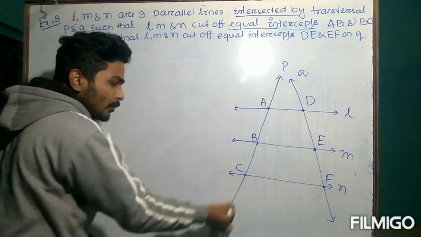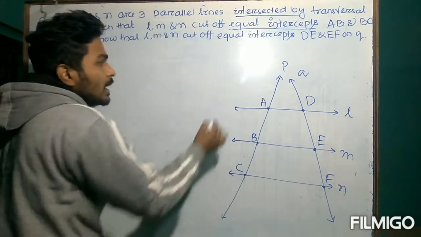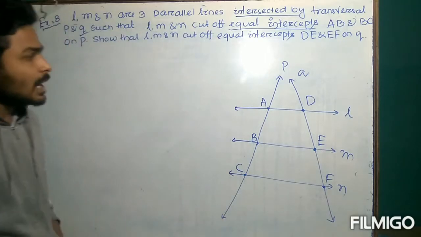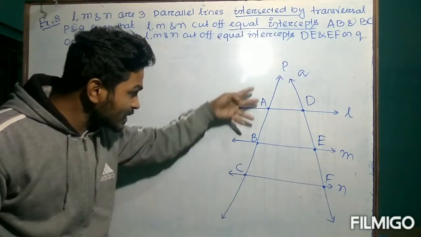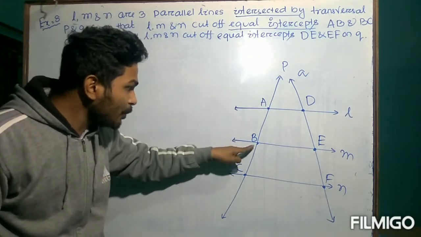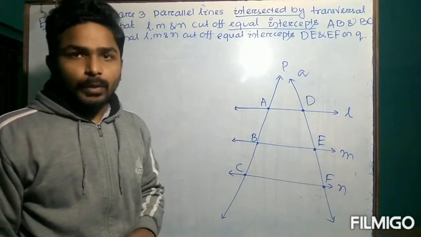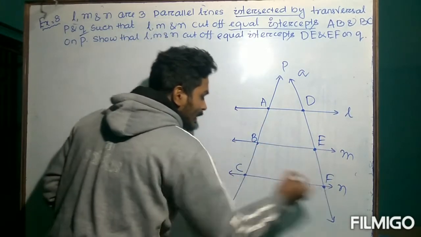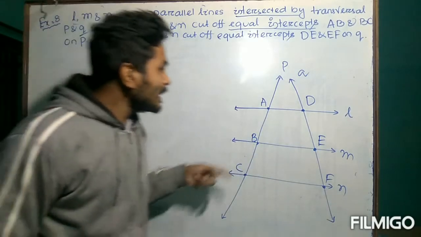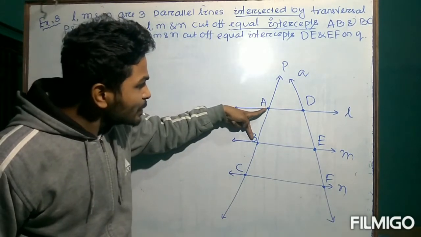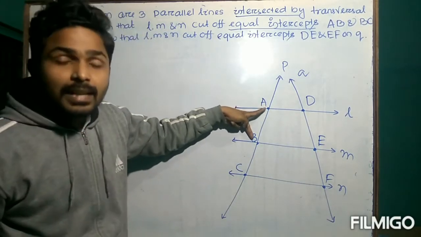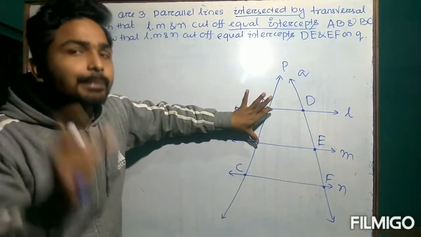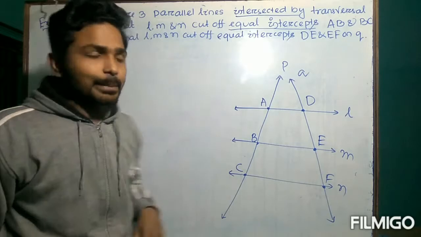Whenever this transversal line intersects these three parallel lines, it cuts them at A, at B, and at C. The distance between two points where the transversal line passes is called an intercept.